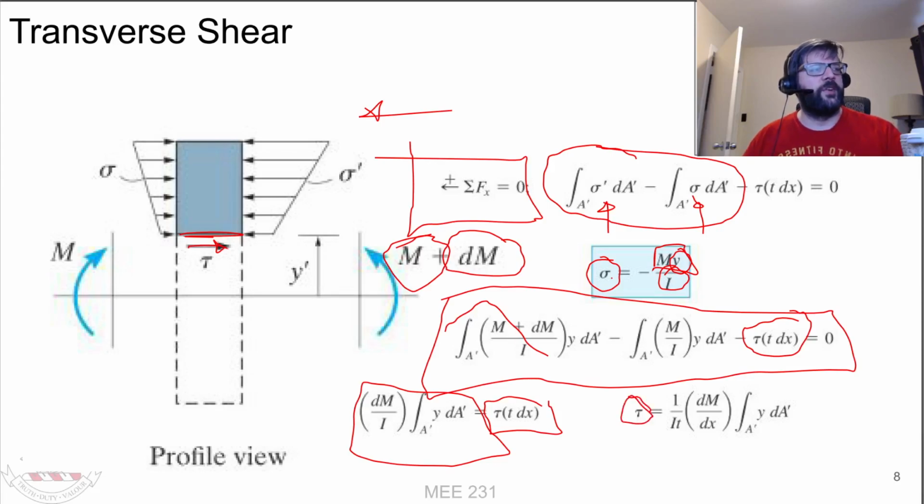So our shear stress is 1 over I t times the rate of change of our moment over the length, times this integral here of y times the differential of the little bits of area over the cross section, integrated.